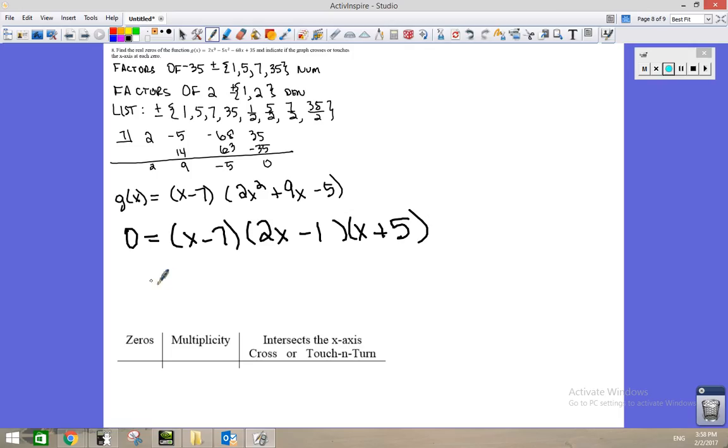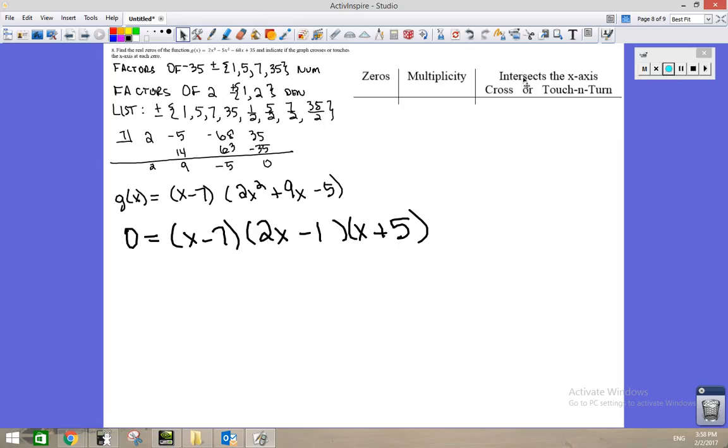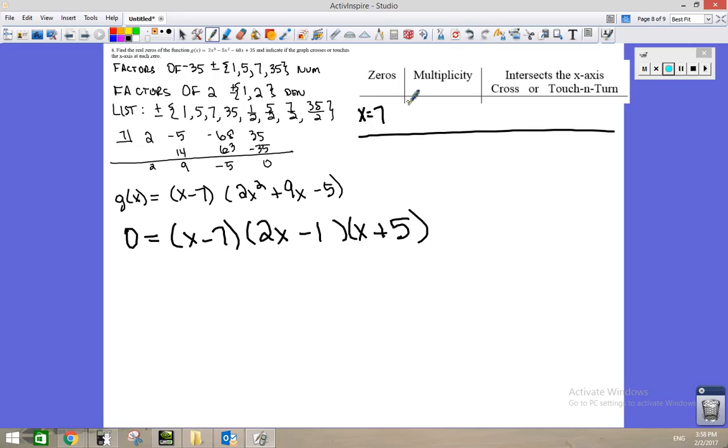Alright, so let's see what we would have here in our table. The zeros of this function are 7, x equals 1/2, and negative 5.